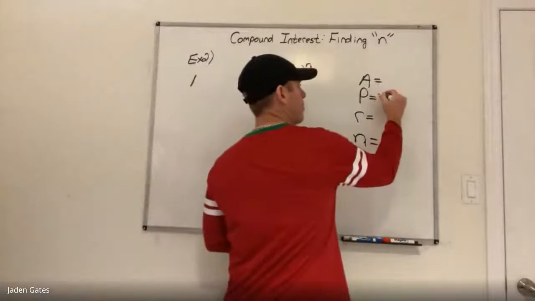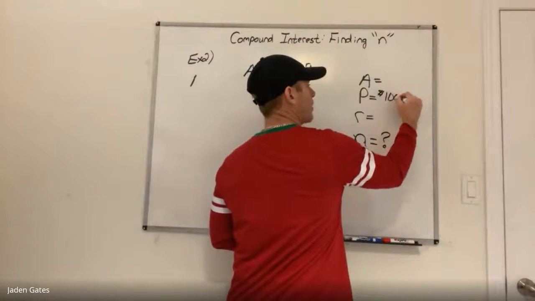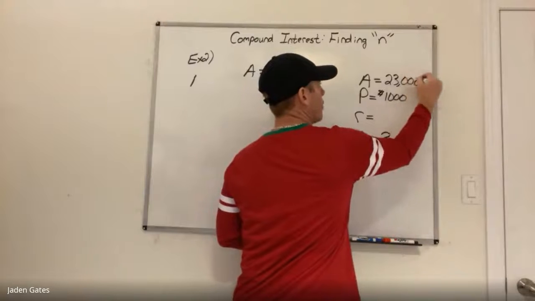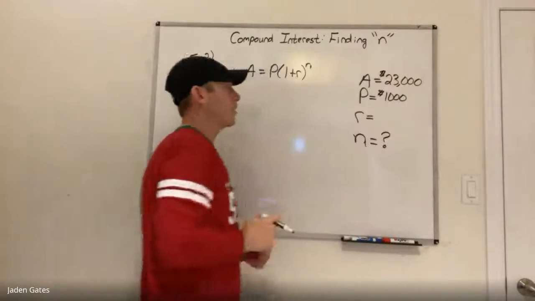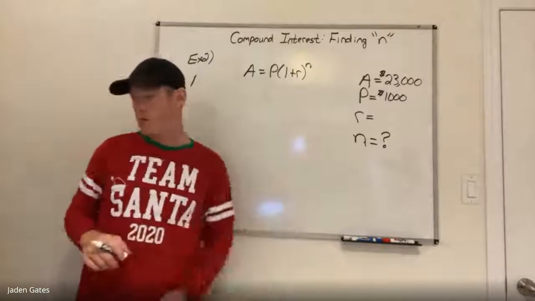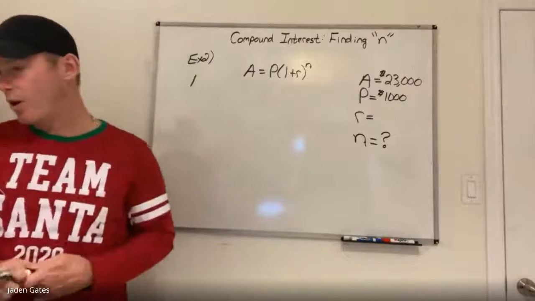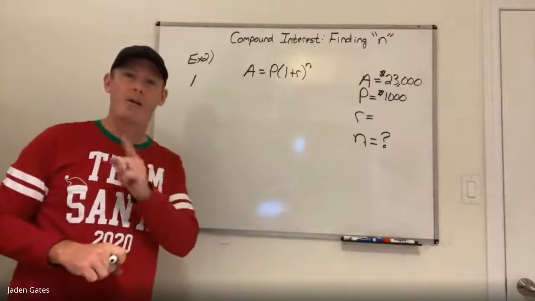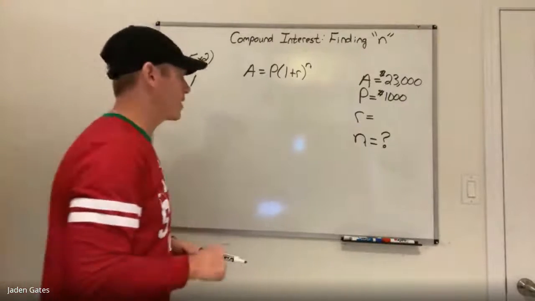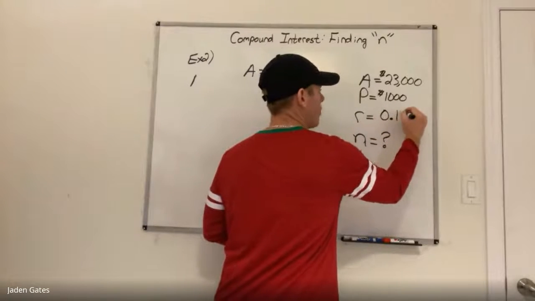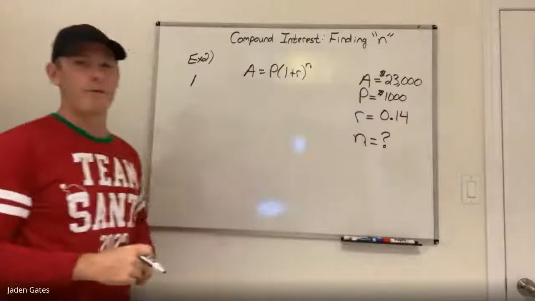So again, principal, we're borrowing $1,000, and unfortunately, we want to know how long would it take to accumulate to $23,000. What am I missing here? My interest rate. It says 14% compounded annually. Again, it's going to change in the next couple of examples. So again, I'm going to convert that to a decimal by dividing by 100%, so I get 0.14.